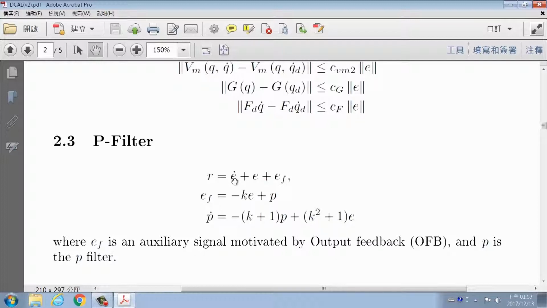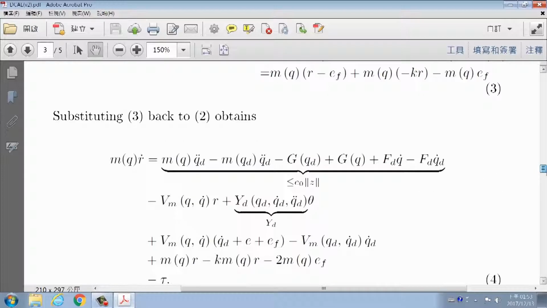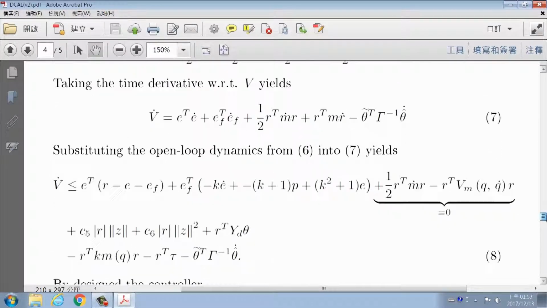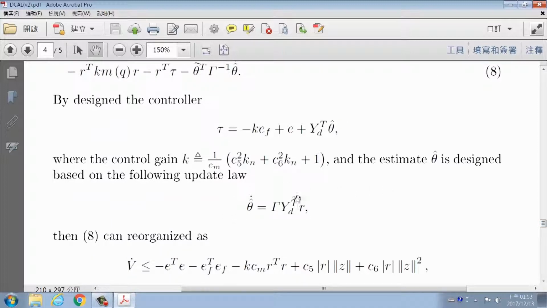E dot is the difference between Q dot and QD dot, and Q dot is not measurable. So R is unknown. If R is unknown, how can you implement this? You will see that theta hat dot is unknown. Basically it's hard to estimate theta hat by its dynamics because the dynamics is unknown.